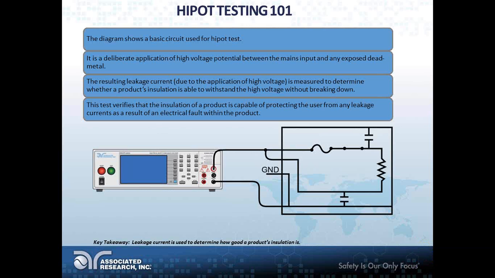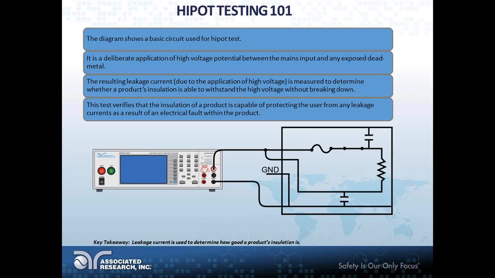So as we know, during a Hipot test, we apply a high voltage potential between the mains input and any exposed dead metal to check for leakage current.